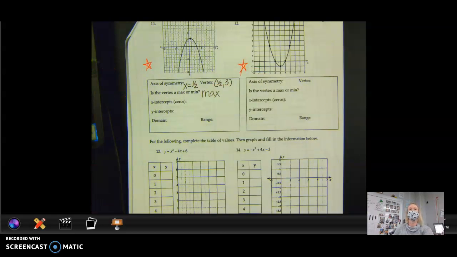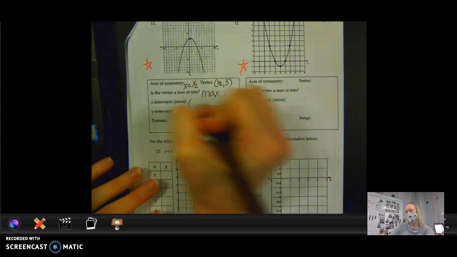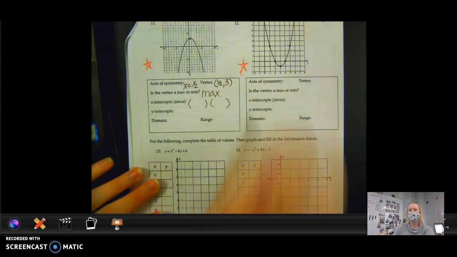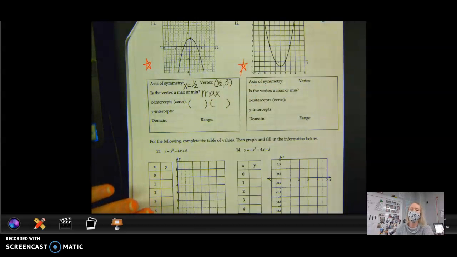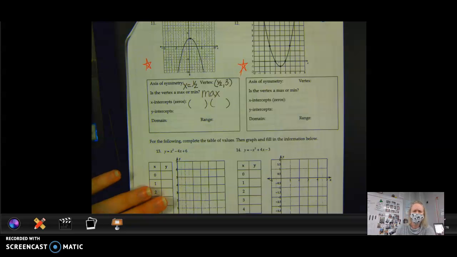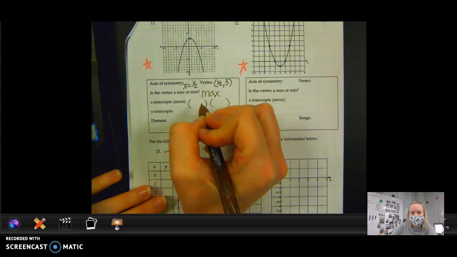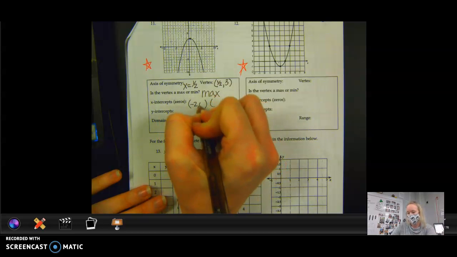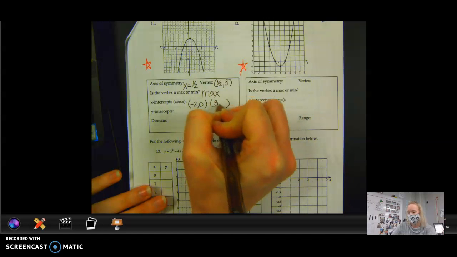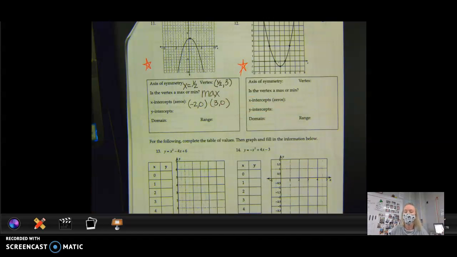Okay, what are my X-intercepts? Where does it cross the X line? There are 2 on here. It's an XY point. What is one of those points? -2, 0, and then 3, 0. Thank you. I have a Y-intercept on this guy.